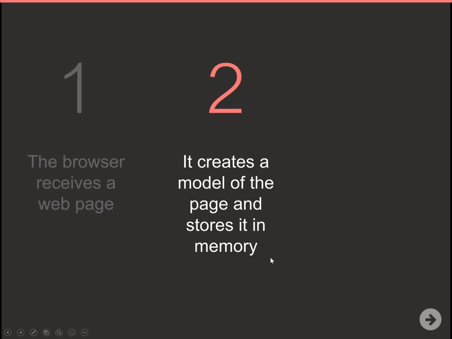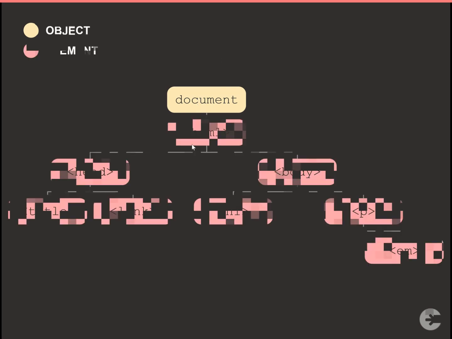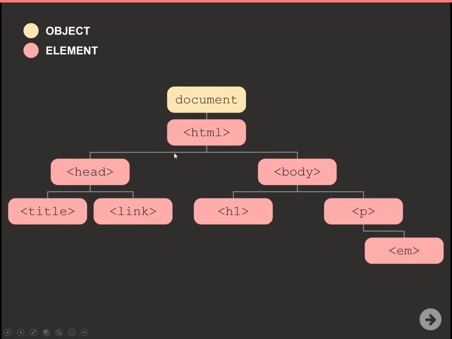The model of the page is called the document object model. Document means the HTML, the whole page, the USM page. In the page we have HTML, the head and the body. In the head we have a title and link, and in the body we have H1 and P, and so on.